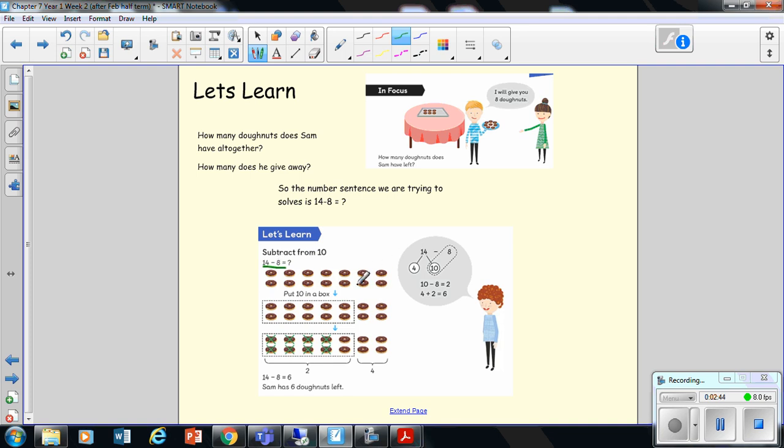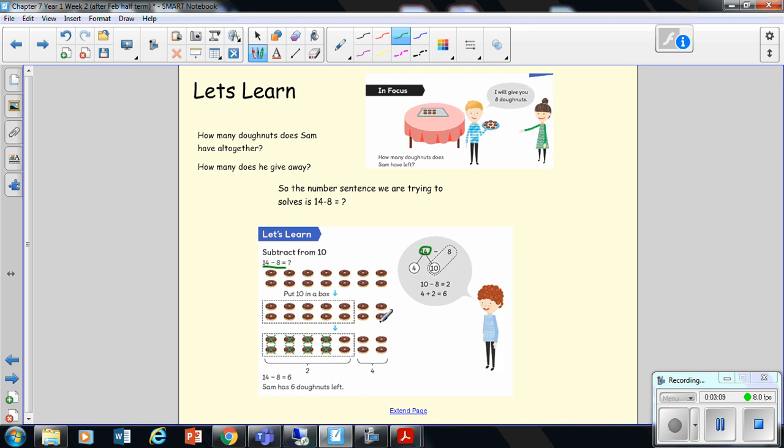We're going to put 10 in a box first. We're going to group our 10, okay? So what we've done is we've partitioned our 14, our whole number here, into 4 and 10. And we talked about partitioning on Monday. So you've got 10 grouped together and 4 left over outside.